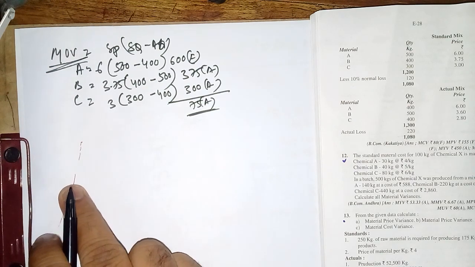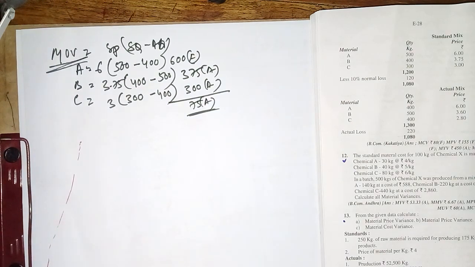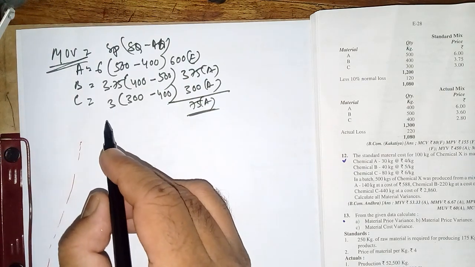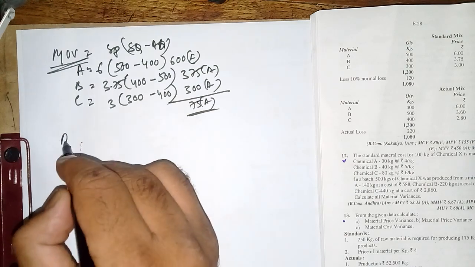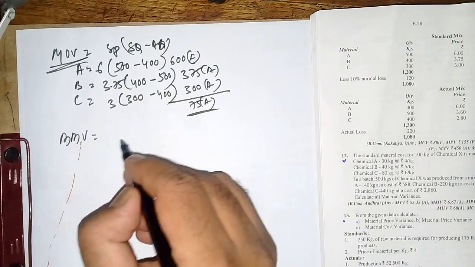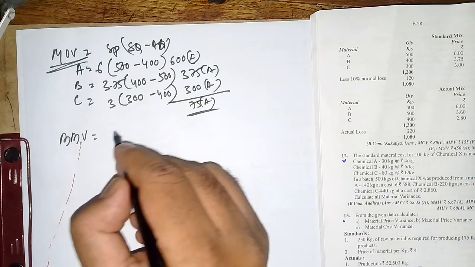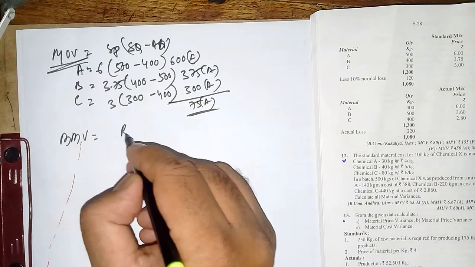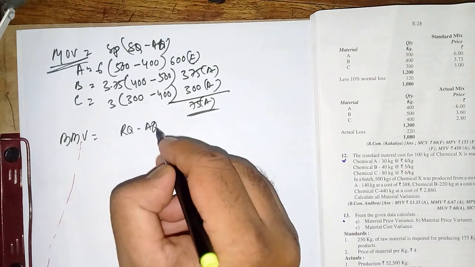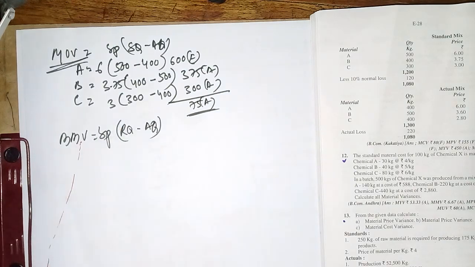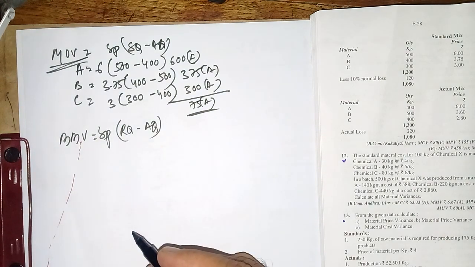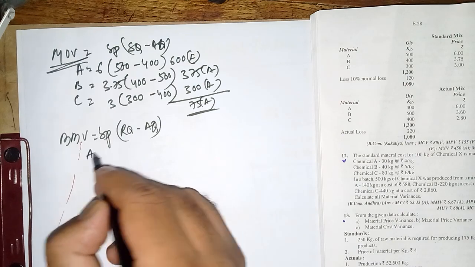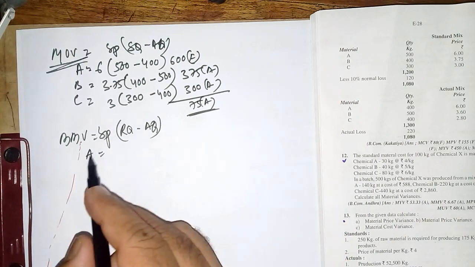So MCV, MPV, MUV. Now we need to calculate MMV, material mix variance. Formula is material mix variance is equal to, what is the formula? RQ minus AQ multiplied with standard price, right? So A is equal to standard. Now we need to calculate RQ.